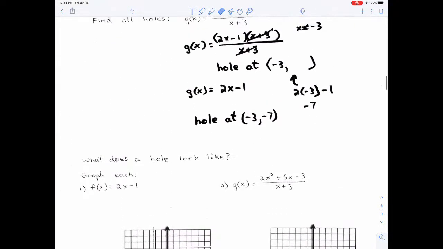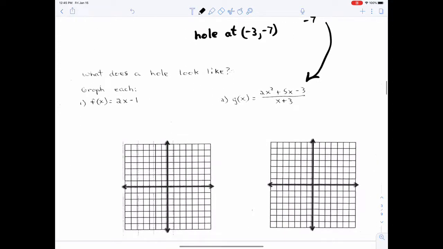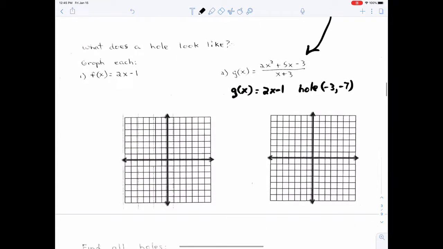First of all, here's the work for this problem right here. So what it is going to be is g of x equals 2x minus 1 with a hole at -3, comma -7. Okay, let's graph this first thing.